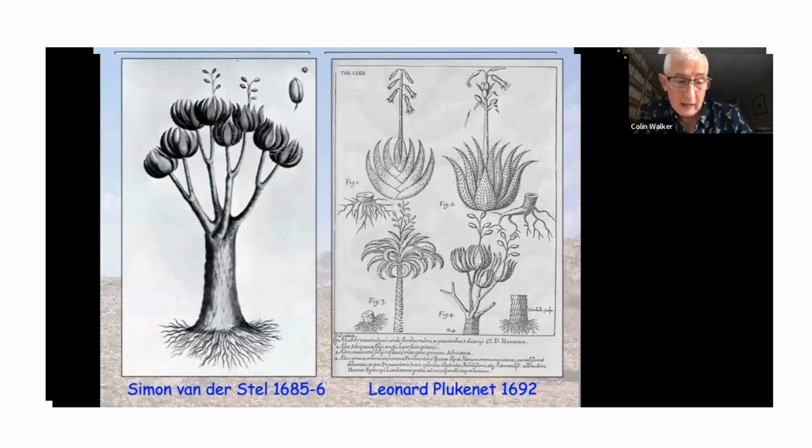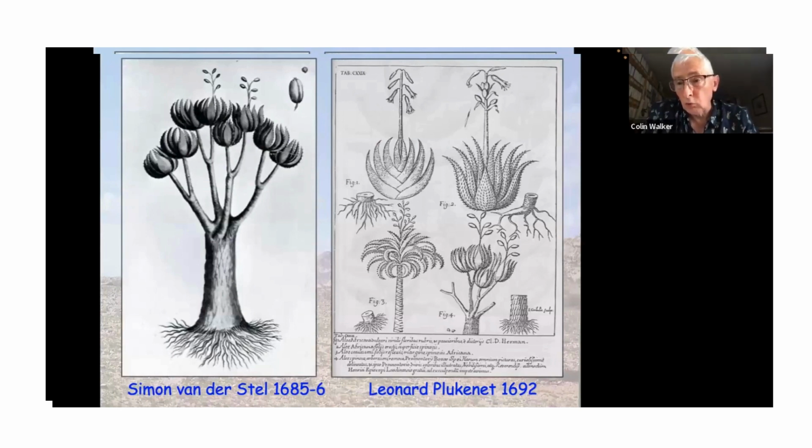And here is one of the images produced by Claudius. He actually drew 4 aloes, but his images were not published during his lifetime, nor was the very detailed diary that Simon van der Stel produced.